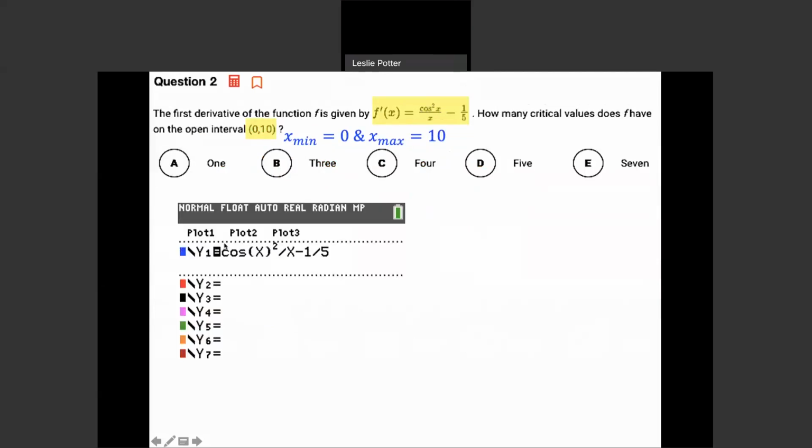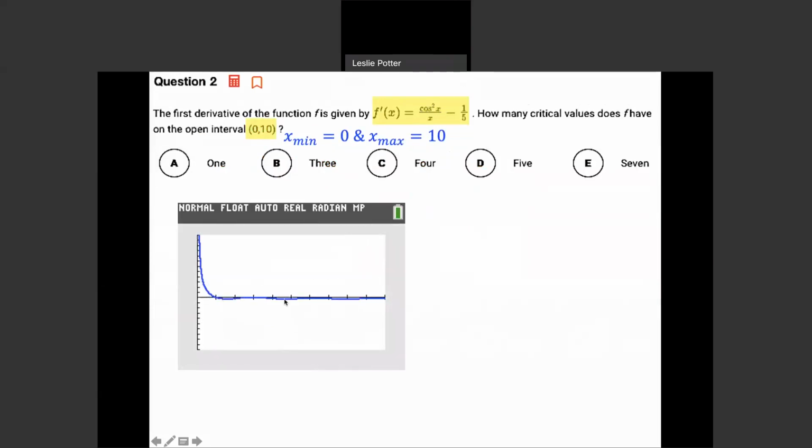Okay, so I put this into my y1. I'm in radian mode, and I get something that looks like this. Notice I go from 0 to 10, nothing to distract us. Now, since this is the derivative, I need to look for where it's equal to 0 or where it's undefined. And this is an open interval, so I'm not including 0 and I'm not including 10.